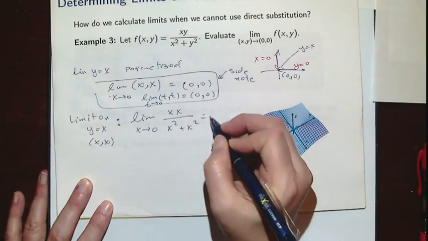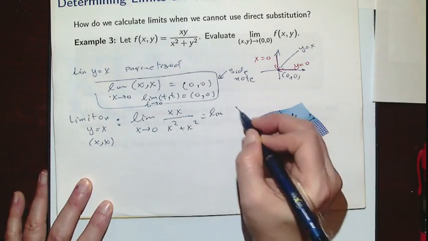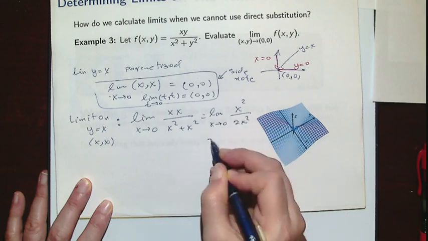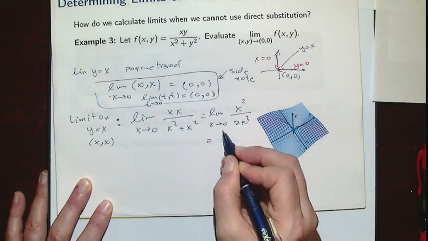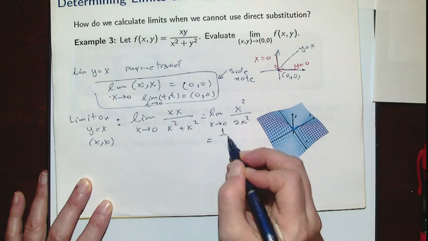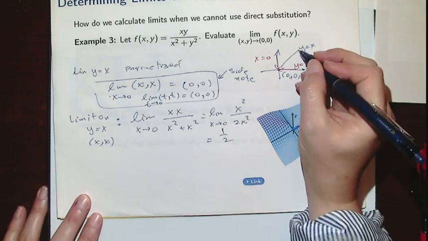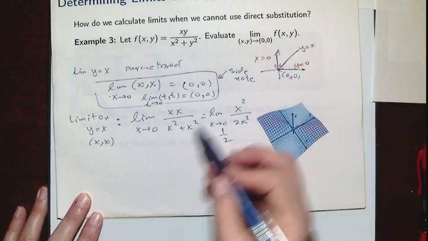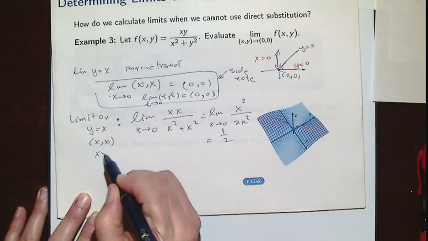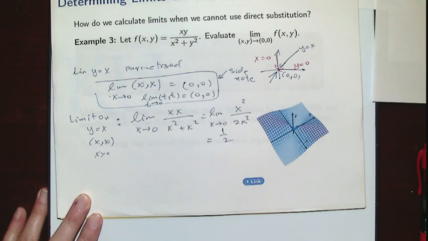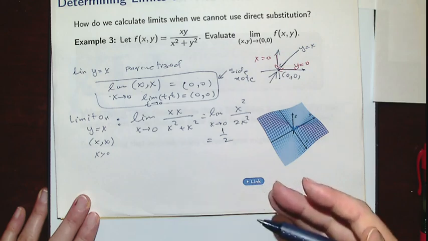Now, let's simplify this. Top is x squared, the bottom is 2x squared. What is this limit? 1/2. So through this one, and actually I didn't specify x bigger than 0, so that one also, both of them gave me 1/2.